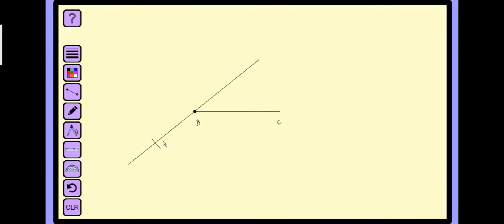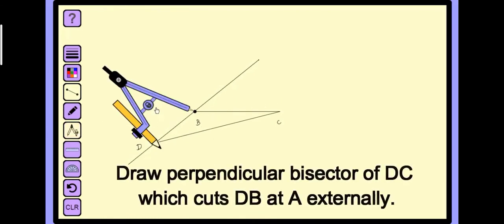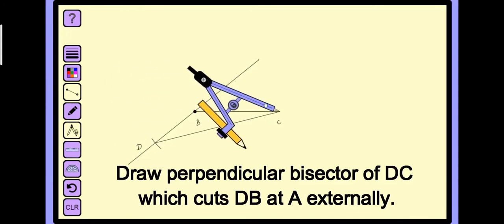That point is point D. Join this D with C. When AB is less than AC, we draw that difference downside. If AB is greater than AC, then draw upside.